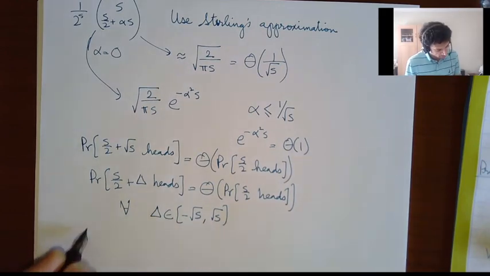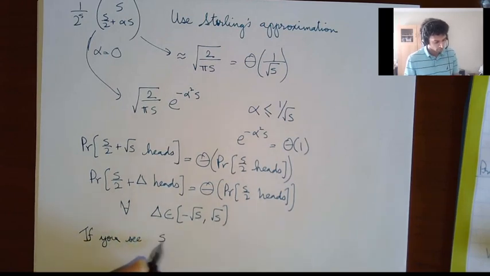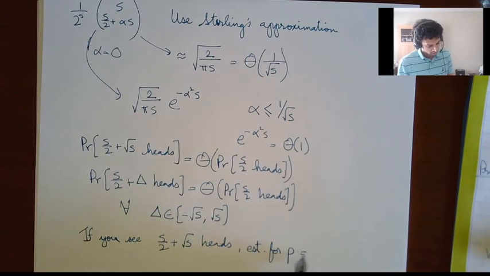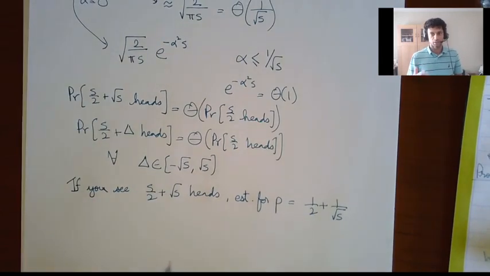And if you see s over 2 plus root s heads, then your estimate for the bias is half plus 1 over root s. Right? If you see more heads, then you'll estimate the probability is higher.